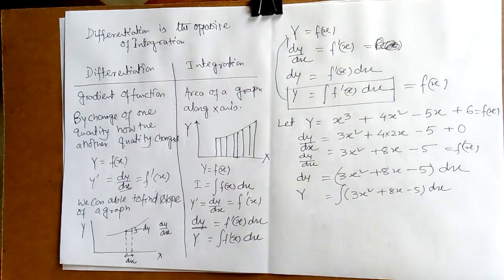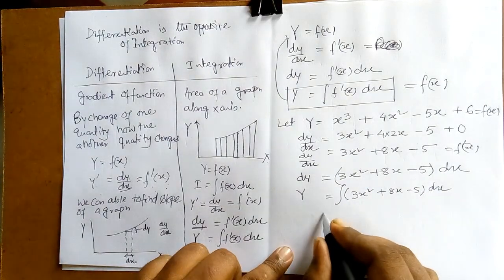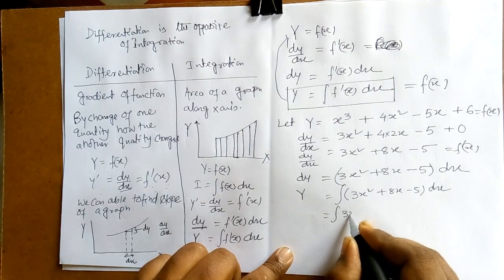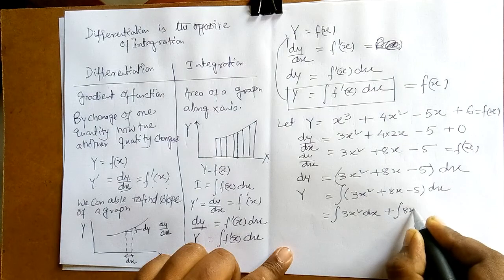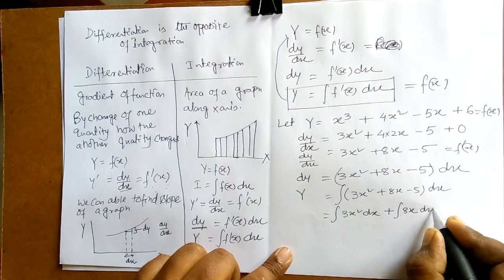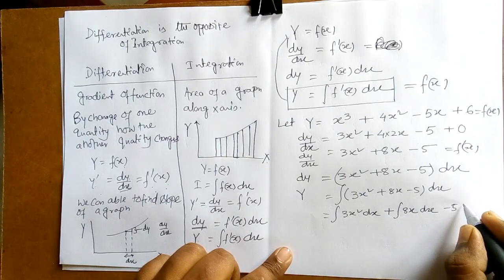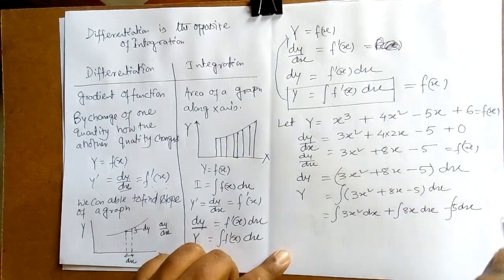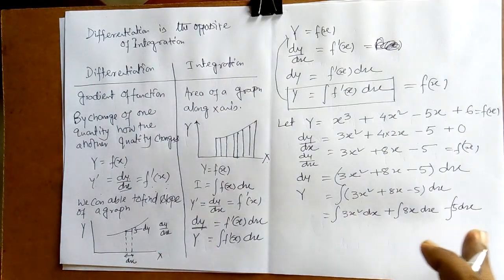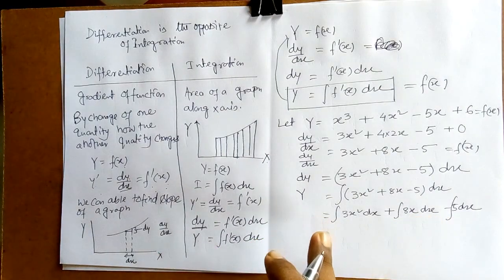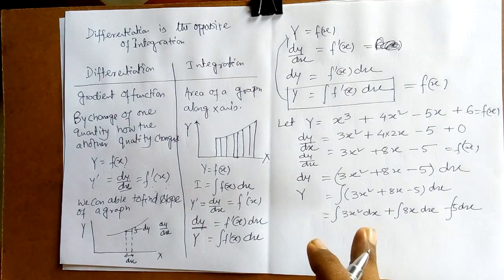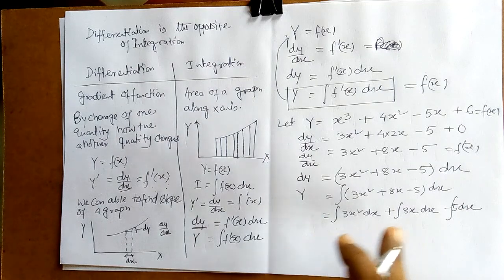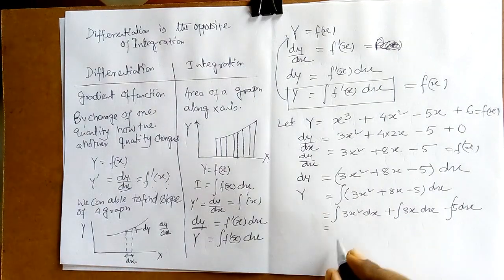If you integrate it, it is the integration of 3x square dx plus the integration of 8x dx minus 5 dx. Now you see I have not given any limit. So what type of integration is it? It is an indefinite integral. As there is no limit, let's do it.